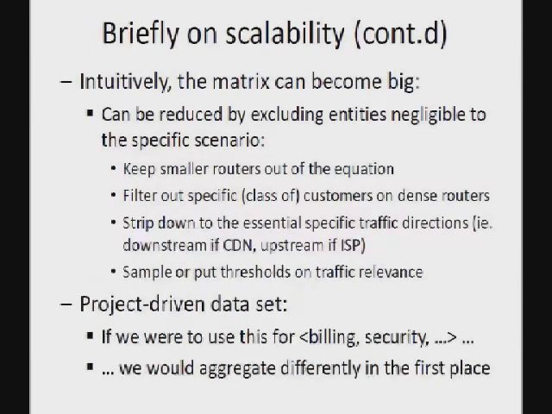And then let's not forget project-driven datasets, because somebody can say, hey, if I use this approach for a traffic matrix for billing, security, whatever, well, you are saying it won't scale at some stage. Yeah, that is a wrong consideration, because if you are trying to do something different, maybe you would aggregate data differently. You would not use a traffic matrix in the first place.